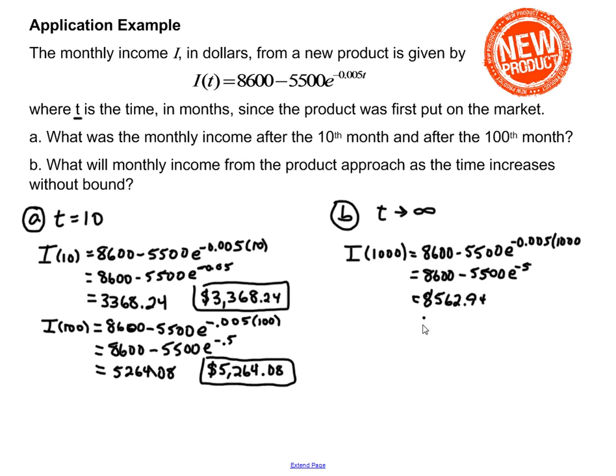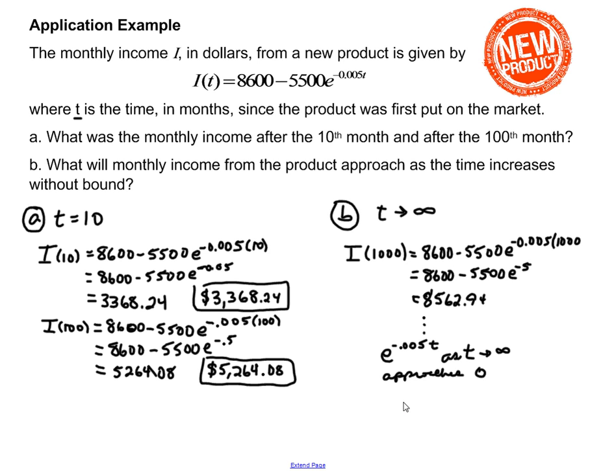Well, eventually that term, e to the negative 0.005t, as t increases towards infinity, gets very, very large, this is going to go towards 0. So we've got this number that's getting smaller and smaller as we subtract it from 8,600.